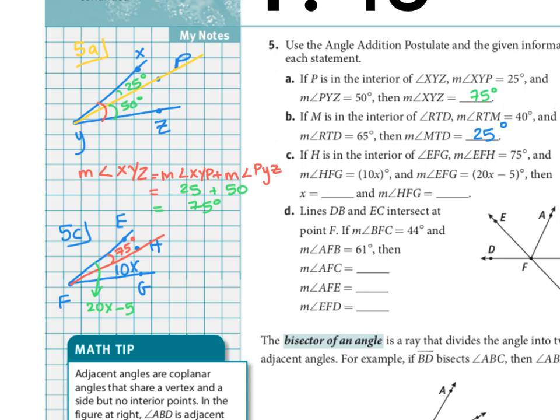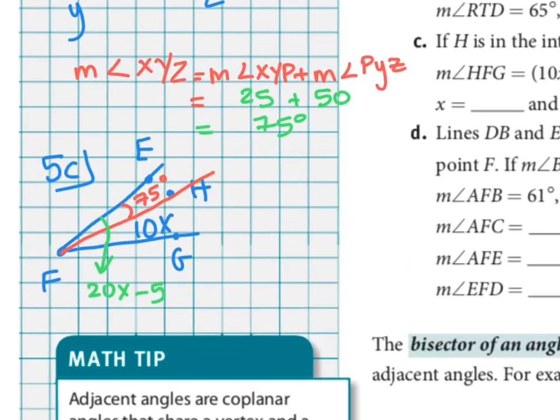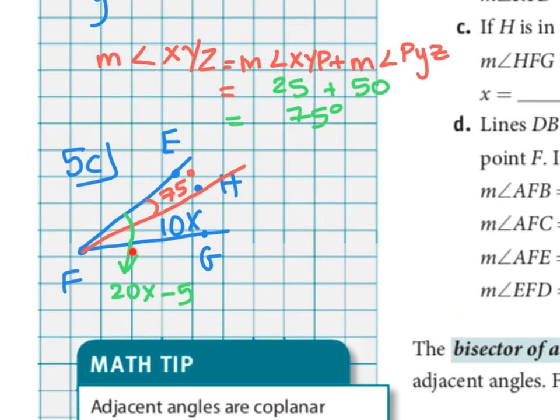So first of all, I have to create an equation to help me find x. So the whole thing, which is 20x minus 5, is equal to the sum of the parts. So 75 plus 10x. Now I need to solve for x, so I'm going to subtract 10x from both sides to get all the x's on one side of my equation. 20x minus 10x is 10x.